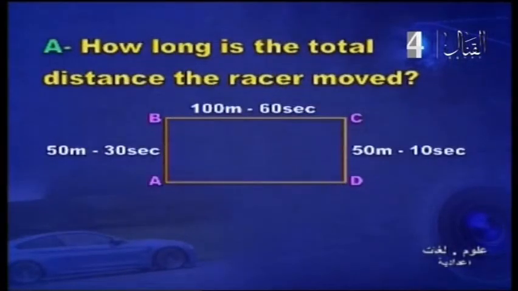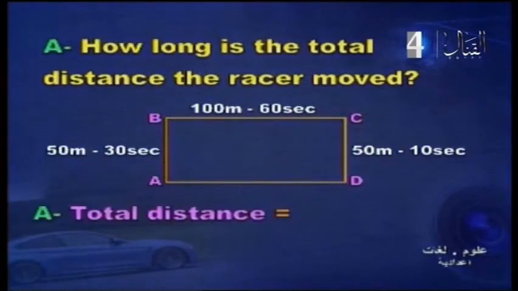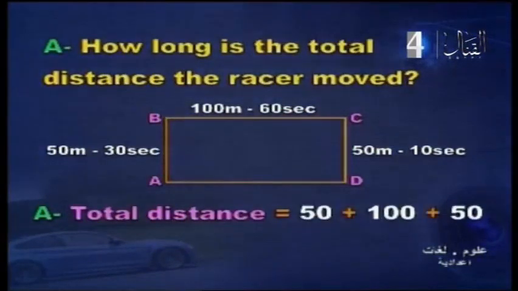This person moved from A to B to C to D and stopped. So the distance from A to B is 50 meters. From B to C, 100 meters. From C to D is 50 meters. So here, the total distance covered by the object is 200 meters.